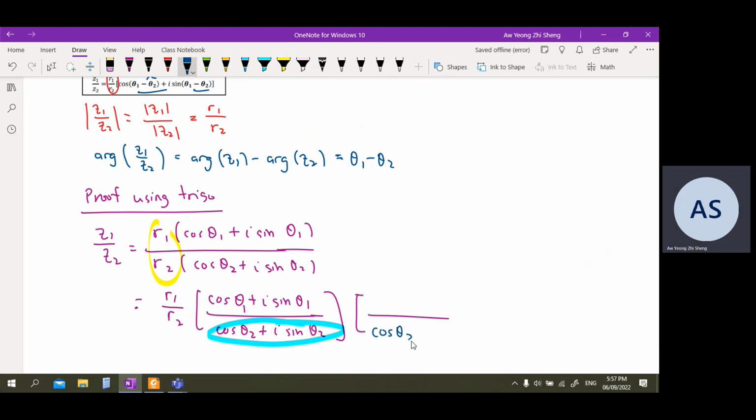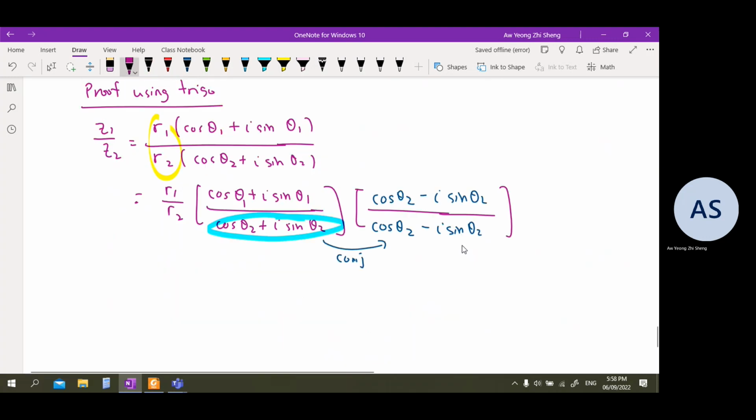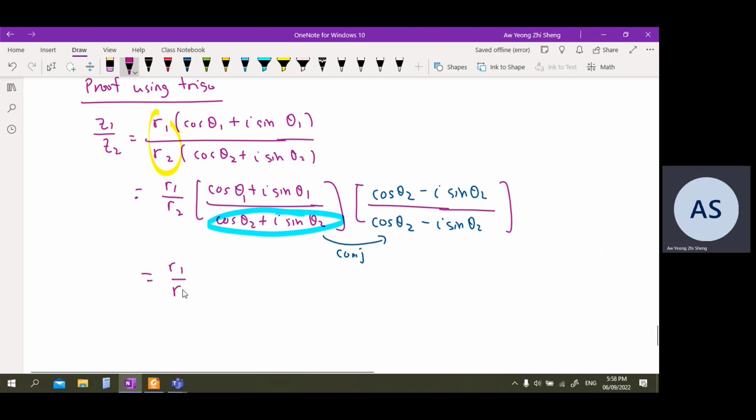So I will take cos theta 2 minus i sine theta 2. This is taking the conjugate. And of course I need the same number above. R1 over R2 is still at the front. Now the two fractions at the back, I will multiply them horizontally.